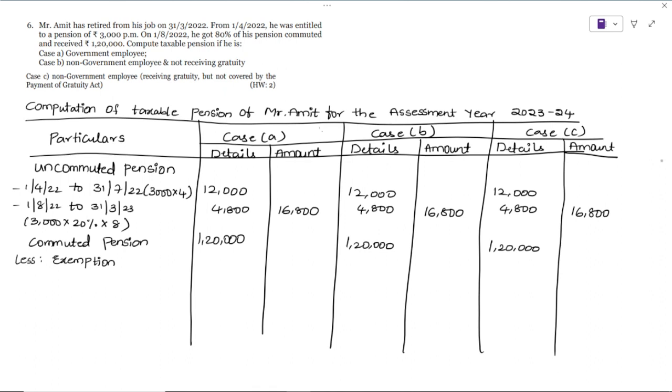Now we'll write one more line. Case A, fully exempted under section 10, subsection 10A, clause 1.